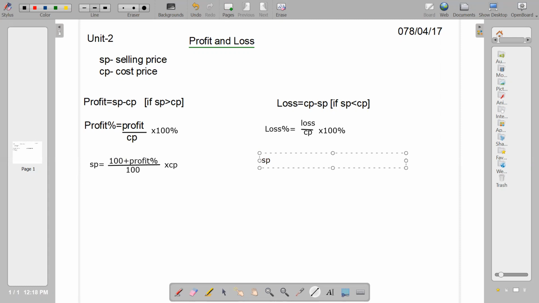But if loss percent is given, then we have to subtract: 100 minus loss percent by 100 into CP.